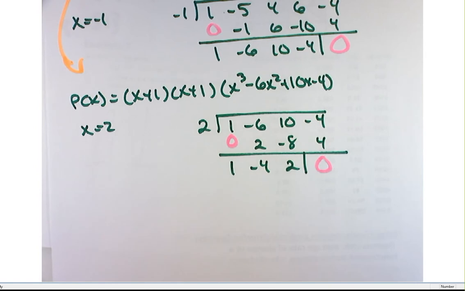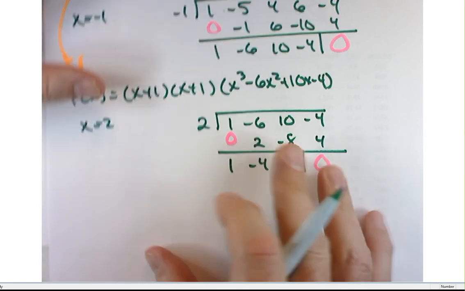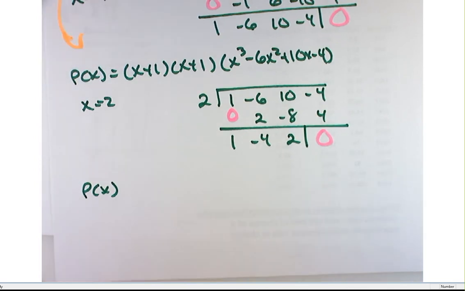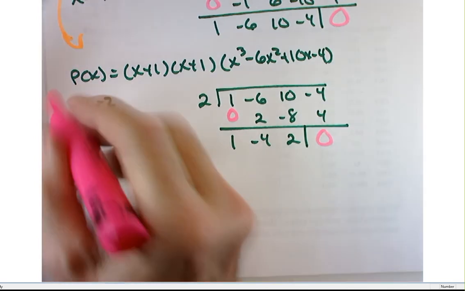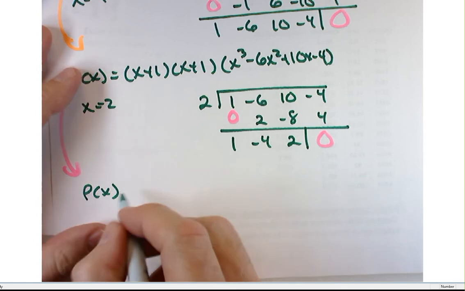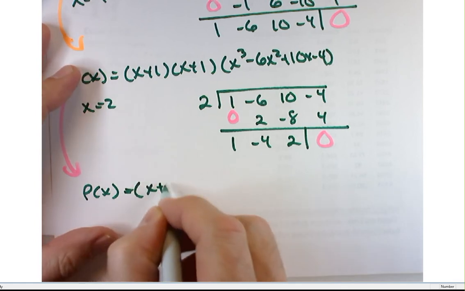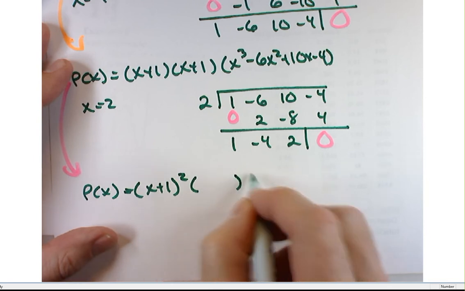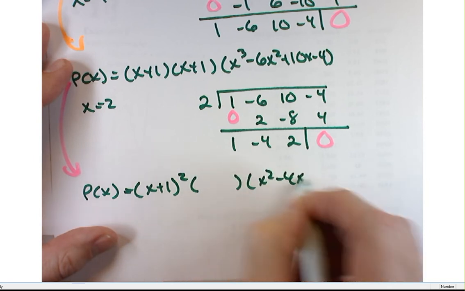Yay. Awesome. Can you help me rewrite p of x one more time? P of x is going to be x squared minus 4x plus 2.